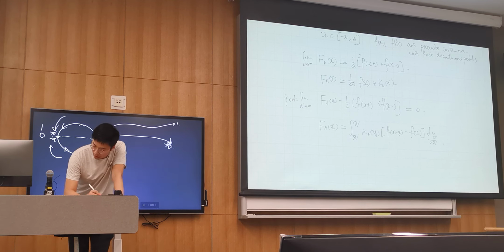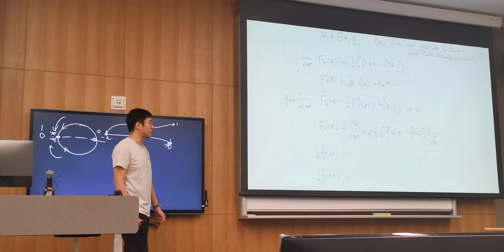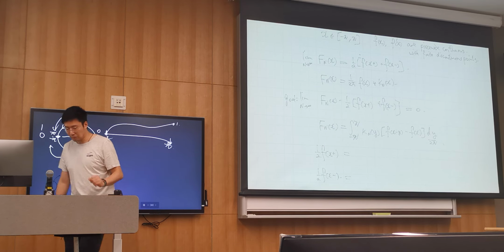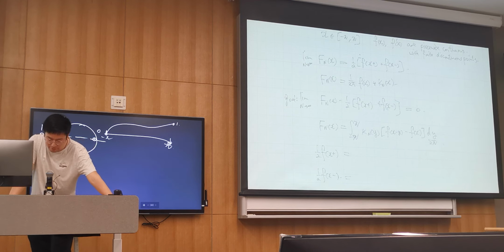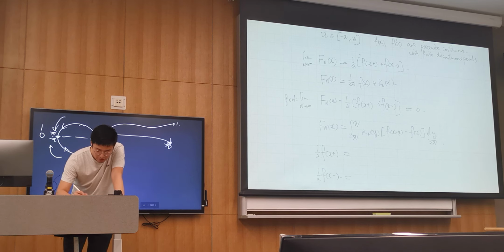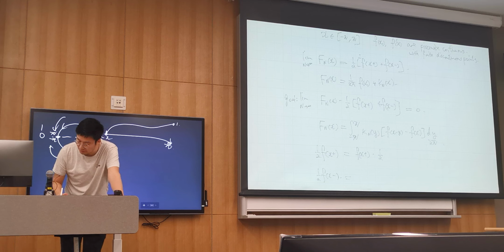The question is, how do I express 1/2 fx plus and 1/2 fx minus? Well, you see, fx plus and fx minus both of them can be written, so let's say fx plus multiplied by 1/2, right? I'm basically doing nothing.